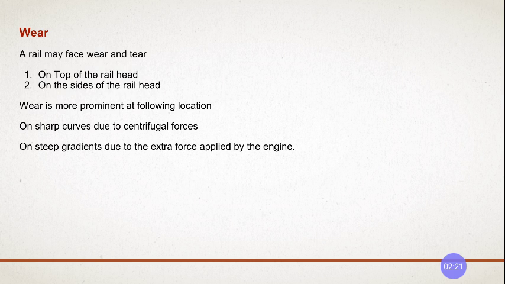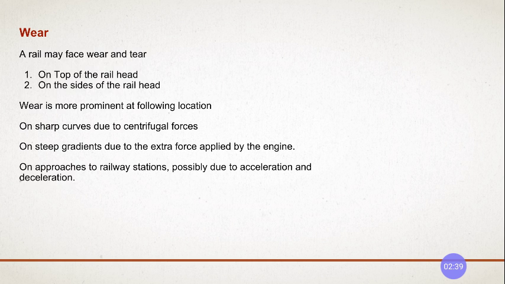Due to steep gradients, due to the extra force applied by engines, the engine has to haul with larger energy, due to which a drag force is created. This drag force will create wear and tear over the rails. Also on the approach to the rail stations, due to acceleration and deceleration.